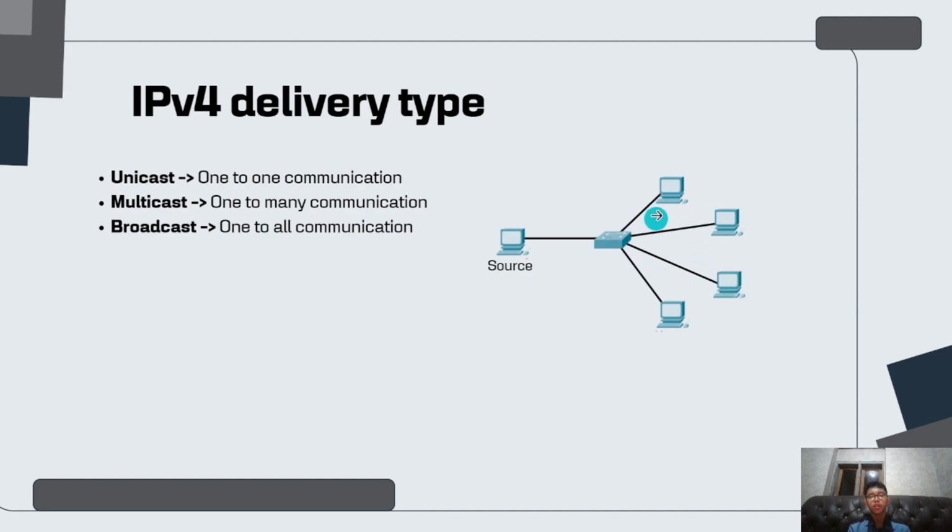For example, if PC1 and PC2 are in the same group, the source will send information to a specific group that has been set. And broadcast is one-to-all communication, so the source will send information to all the network devices that are connected to the source.